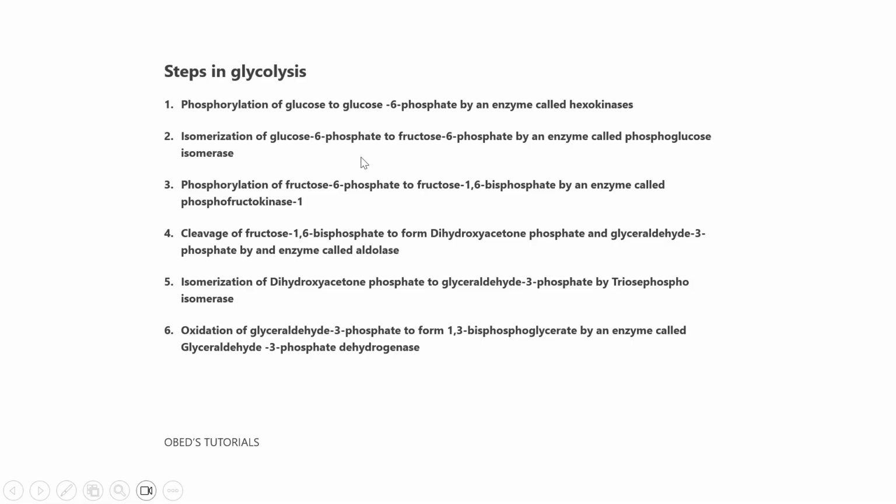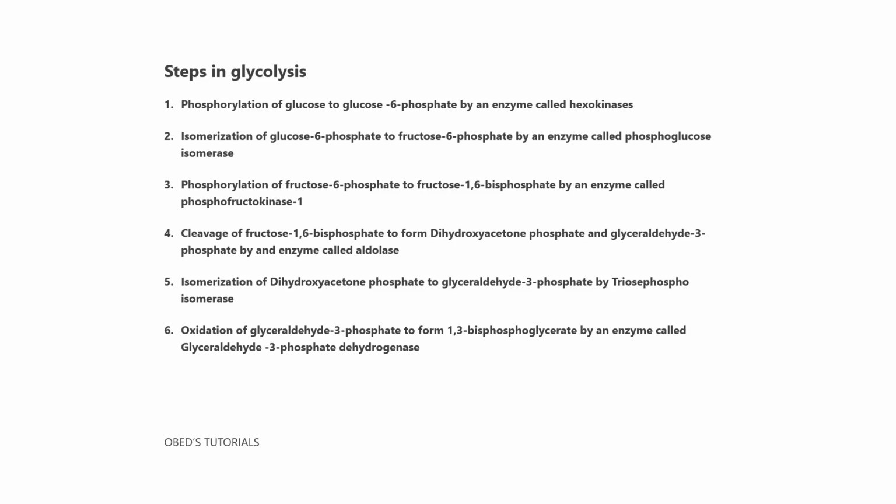So glucose phosphate has to undergo changes, isomerization, to form fructose 6-phosphate. So mind you, glucose phosphate is an aldol. The glucose is an aldol sugar. Then the aldol sugar will undergo certain isomerization to form fructose, which is what? A ketone sugar.